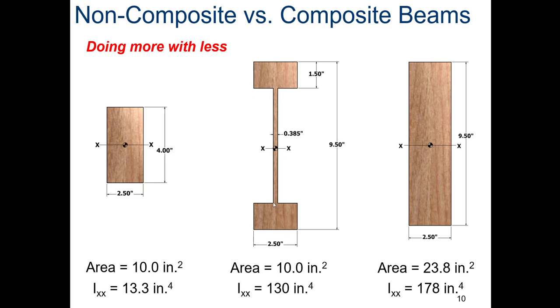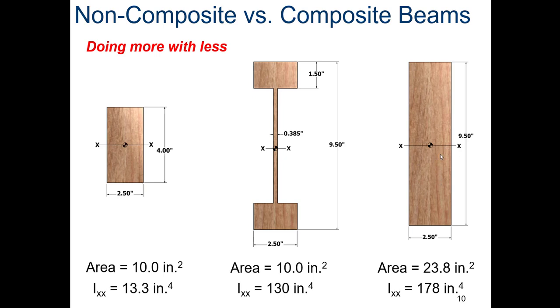Here we do 2.5 times 1.5, plus 2.5 times 1.5 plus, right, 0.385 times 6.5. This would be 6.5. So basically we get an area of 10.